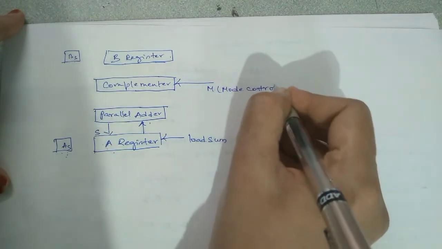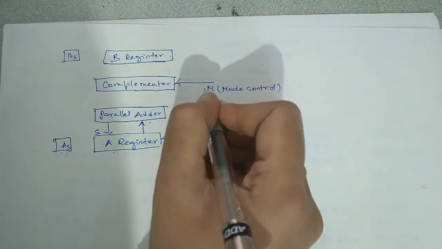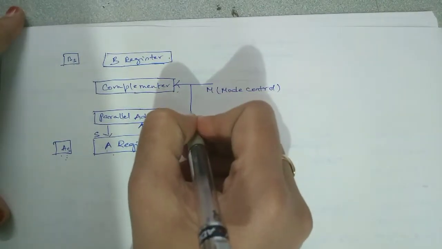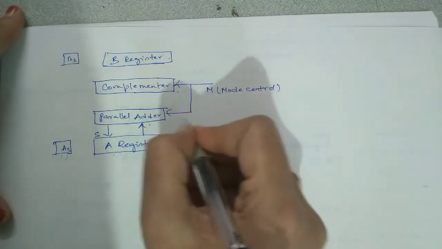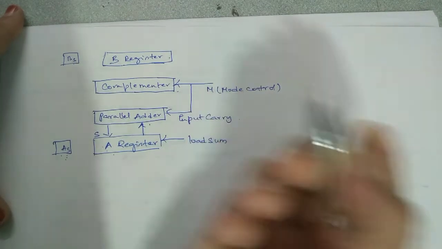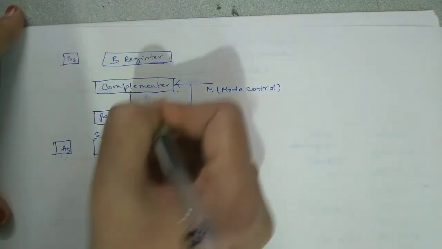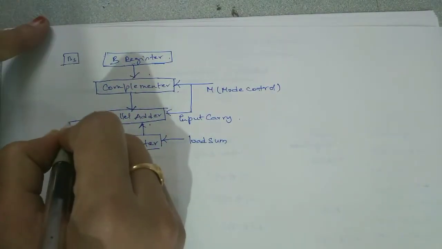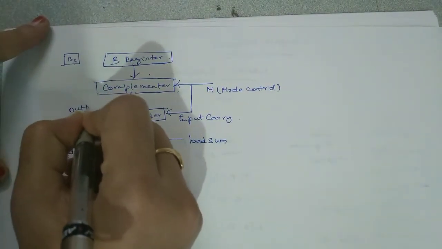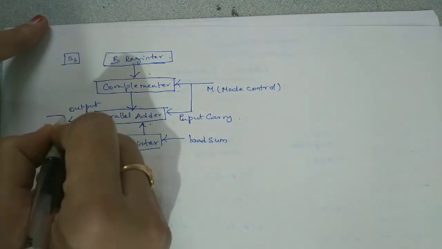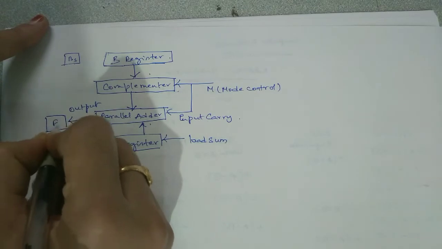Depending upon the M value, the addition or subtraction operation will be performed. And this is the input carry, and the output carry is stored in the E flip-flop.